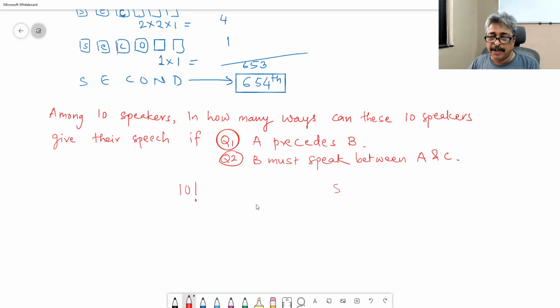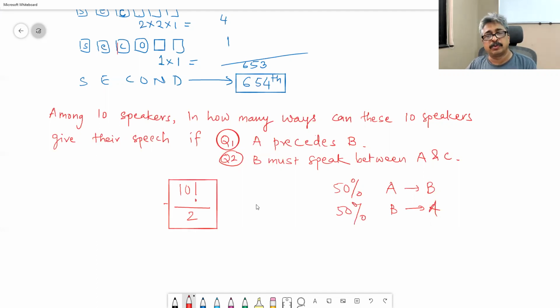And 50% of the time A will be before B and the remaining 50% of the time B will be before A. There is a symmetry. There is no third case available. So either A will precede B or A will be followed by B. Total possible permutations 10 factorial divided by 2 is the answer.